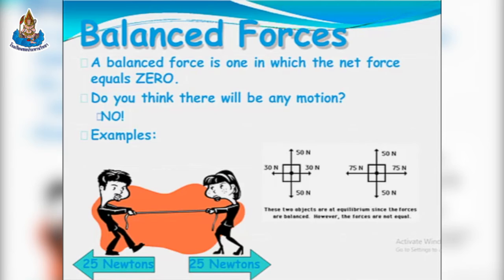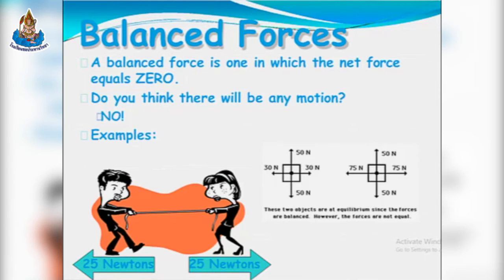So balanced forces, when we say balanced forces, it is the same force that you apply on the object, as you can see in this picture. A balanced force is one in which the net force is equal to 0. Here you can see they are exerting force in opposite directions, but with the same force, 25 Newton and 25 Newton.